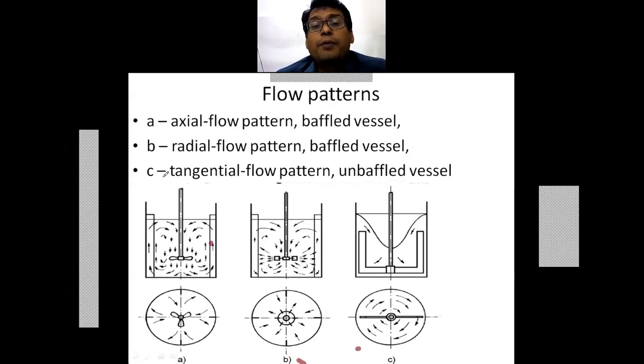For that purpose, the effective time of mixing also has to be studied, for 24 by 7 by 365 days, or you can say 300 days in technical language.